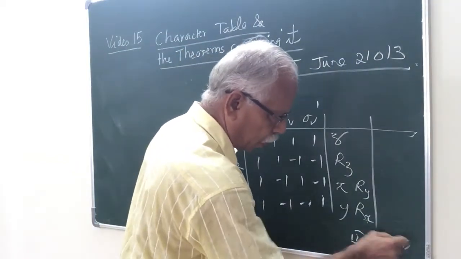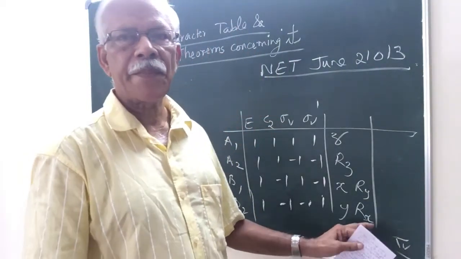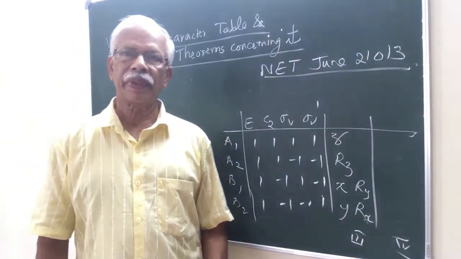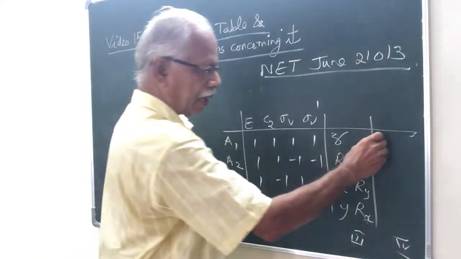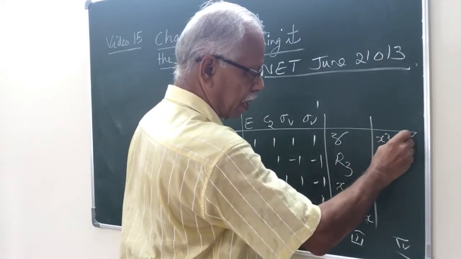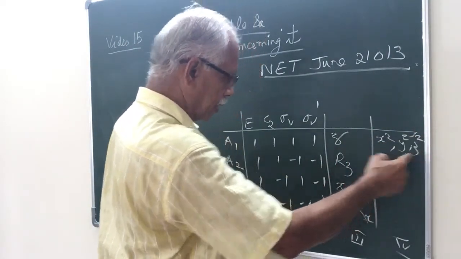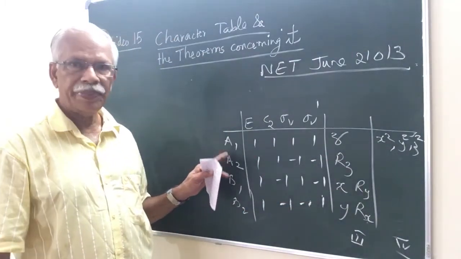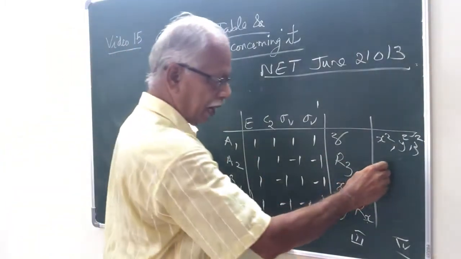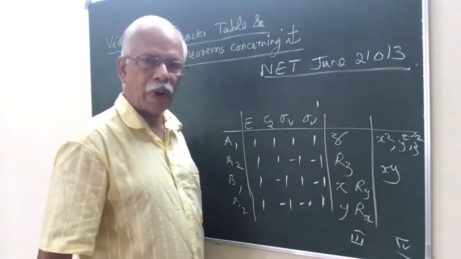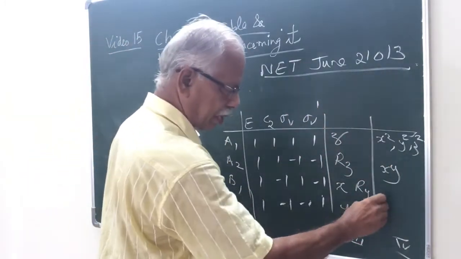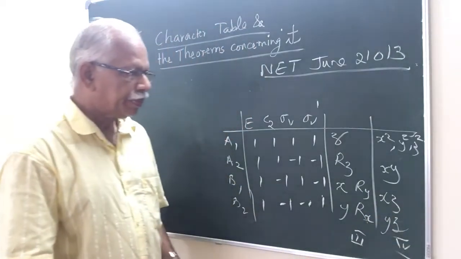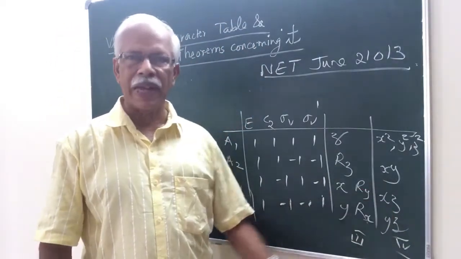And in area 4, you will find the squares or binary products of Cartesian coordinates like x squared, y squared, z squared against the symmetry of these squares, which is A1. Then here you will find the binary products xy, xz, yz against their symmetry behavior.